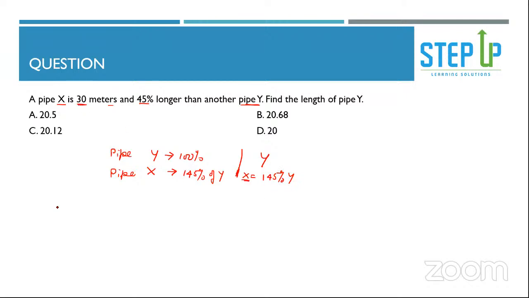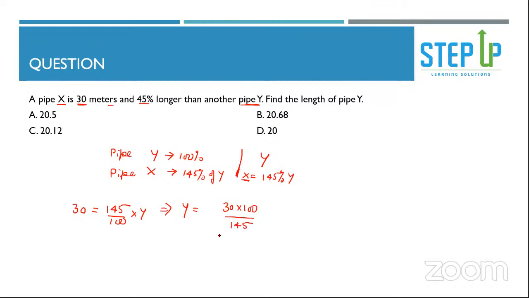X is equal to 30 meters. So can I say 30 meters is equal to 145% of Y? And then you can calculate the Y value here. Y is equal to what? 30 into 100 upon 145.